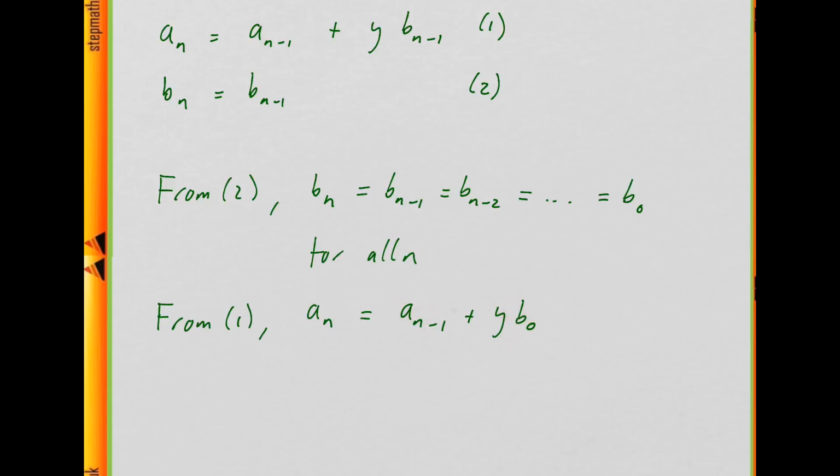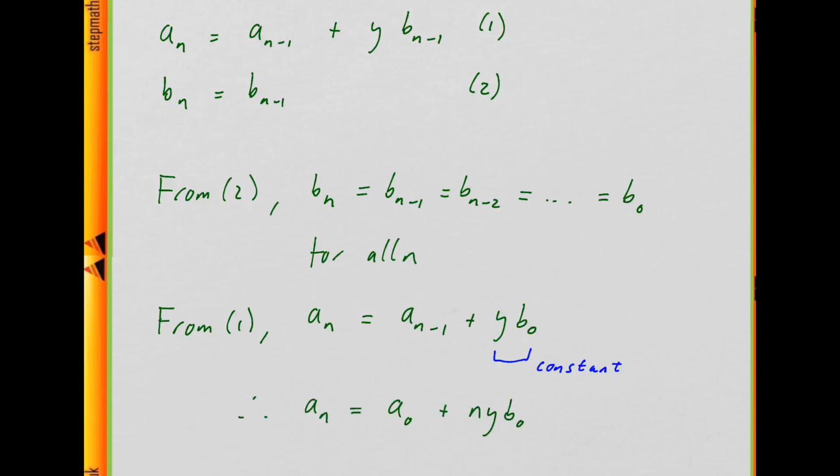This is the common difference. And that means, since that's constant, to get to An, we start with A0, and then we just add n lots of this. Because A1 would be A0 plus 1 lot of this, A2 would be plus another lot, so that's A0 plus 2 lots, etc. all the way down. So An is A0 plus n times y times B0.